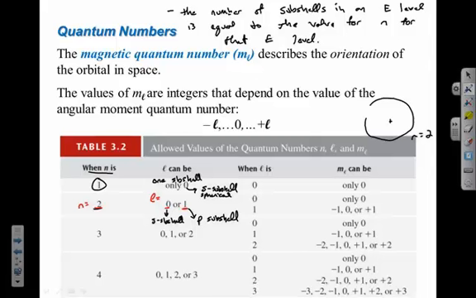So we'll see the shape of a P here in a minute. If we look at n equals 2, there's a spherical one, and there are also 3 P subshells, and each of those lies on a different axis. There's a P subshell on the x-axis, and this is what it looks like. It's got 2 lobes.